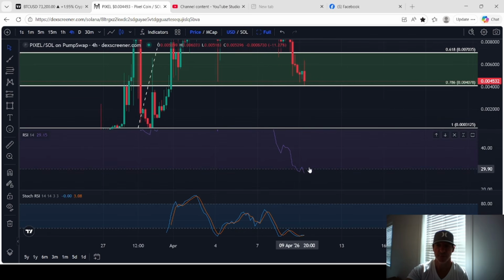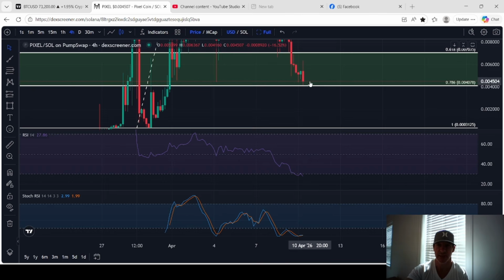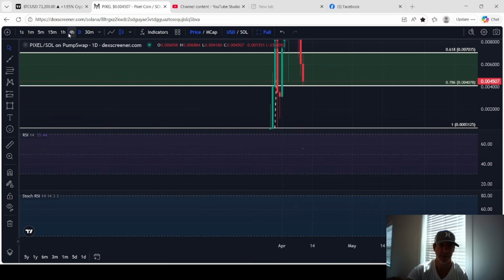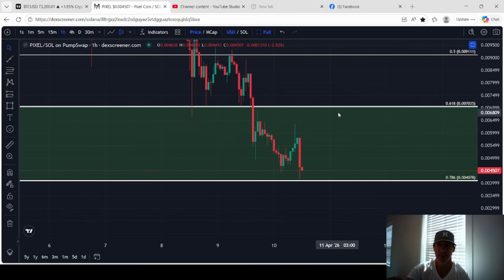We're oversold on the regular RSI. So hopefully once the 1 hours come down, consolidate, then the 4 hour can start turning us around. And still nothing on the daily. So that's what we're looking at.